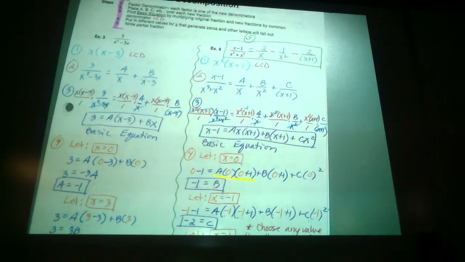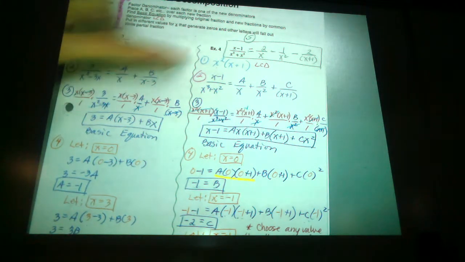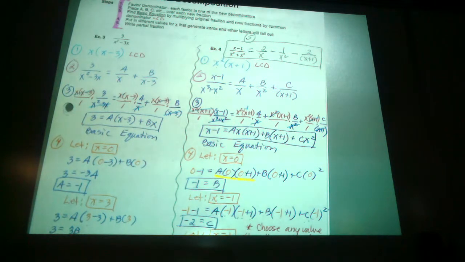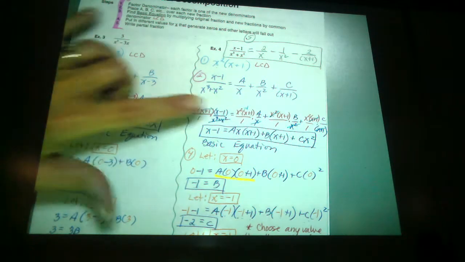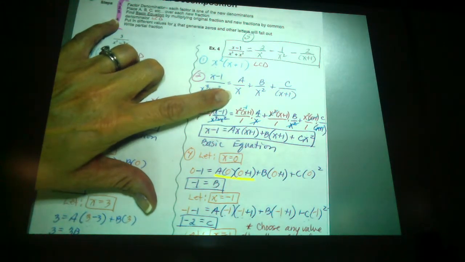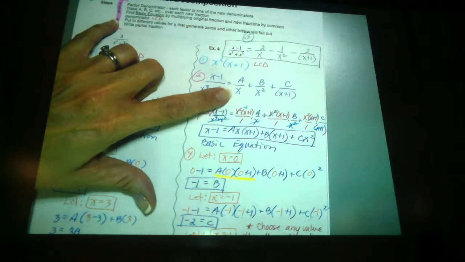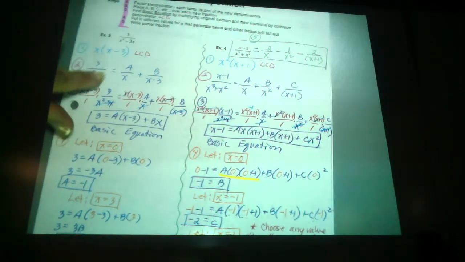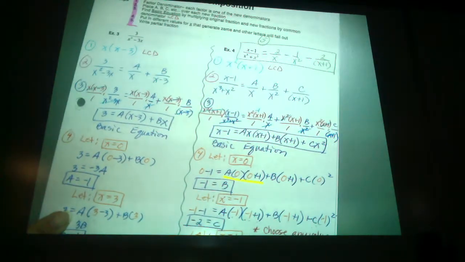That means that your a, b, and c are going to be different than my a, b, and c, but overall, shouldn't we still have the same fractions? We should. So that really doesn't matter. But how you factor your denominator matters, and how you write those factors as denominators does matter. So this one is slightly different than this example here. Questions on that before we do the last one?